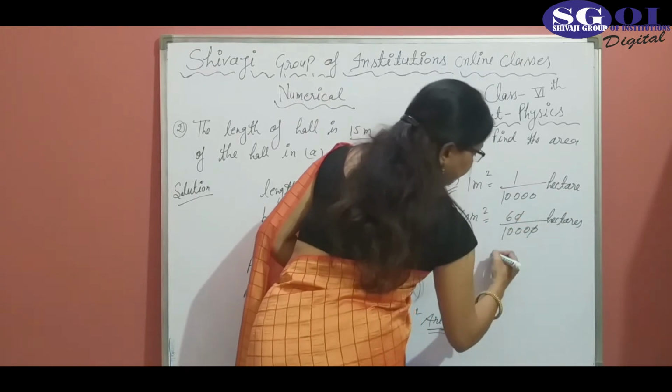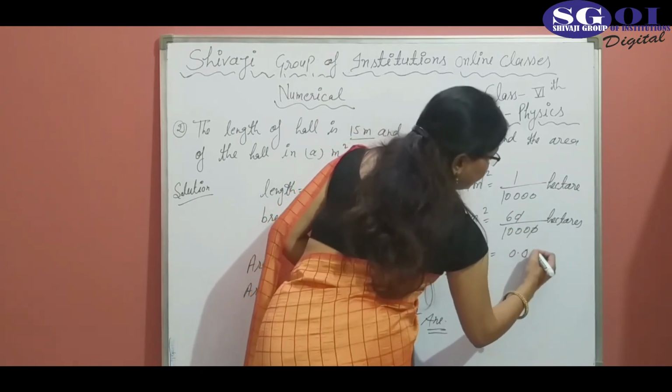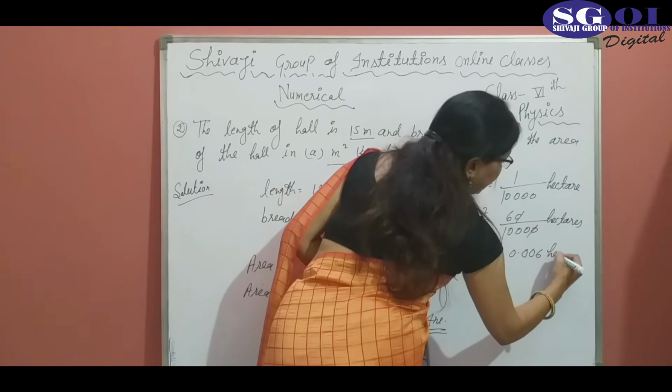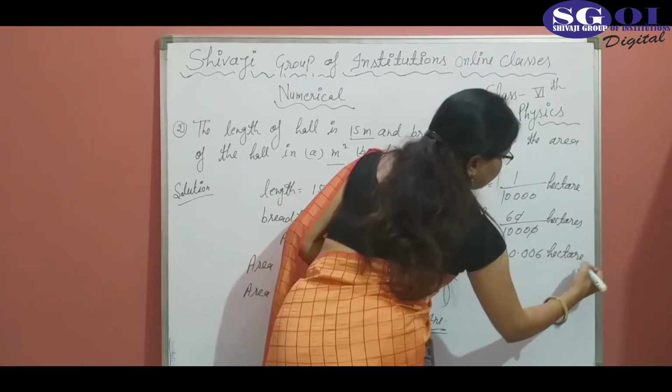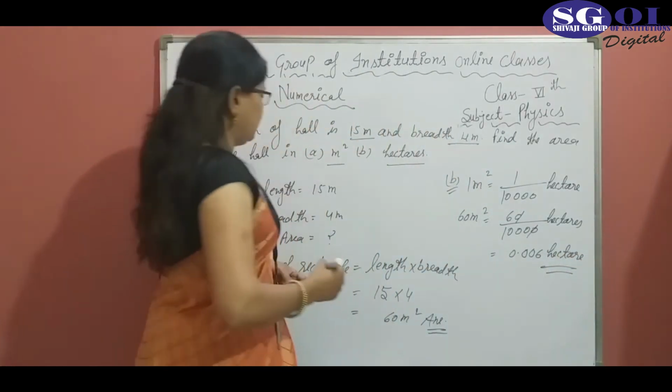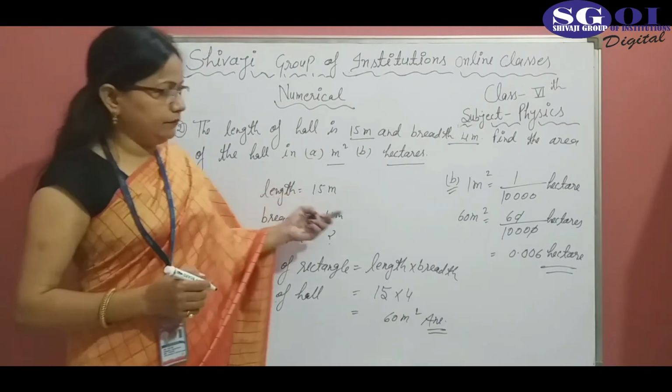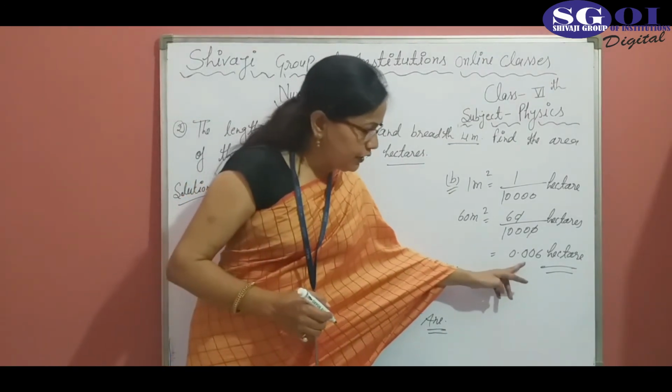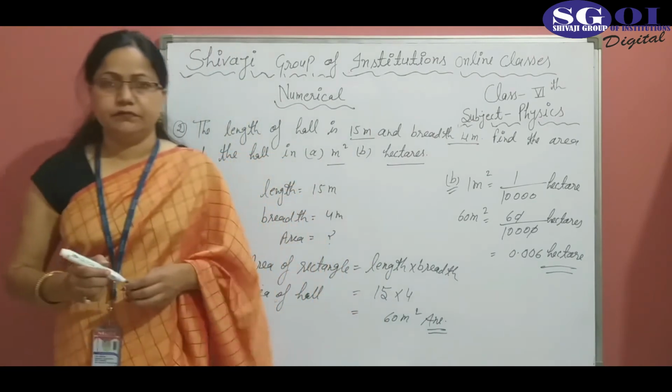After dividing we get 0.006 hectare. So the area of hall is 0.006 hectare.